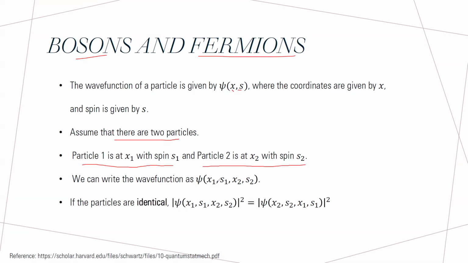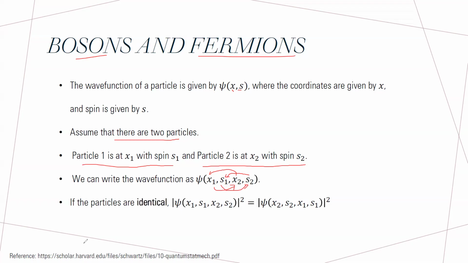Now, if we flip the particle positions, x2 goes to x1, and x1 goes to x2. Therefore, we can have two different wave functions when we are switching the positions of the particles.